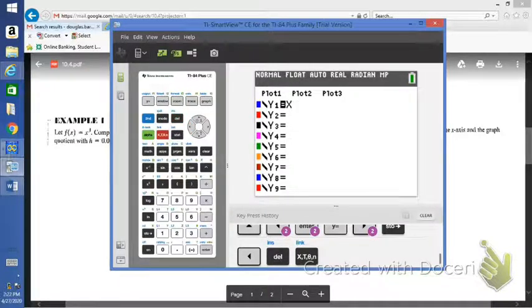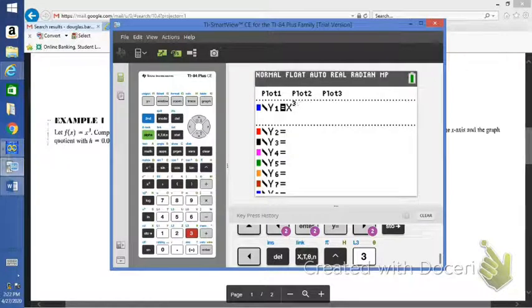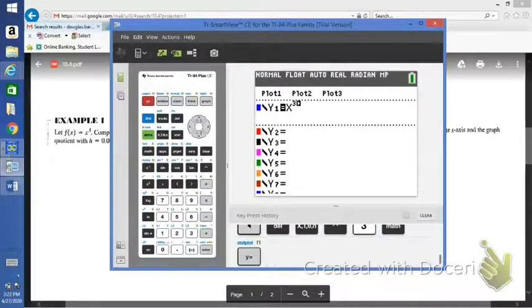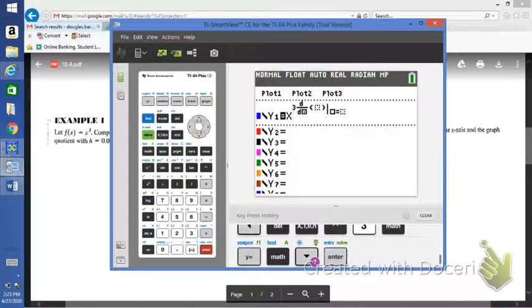I apologize, we do not have to enter this into our y equals. What we're going to do is just go down to math, and you're going to scroll down to number 8, where it says nDeriv, and hit enter.